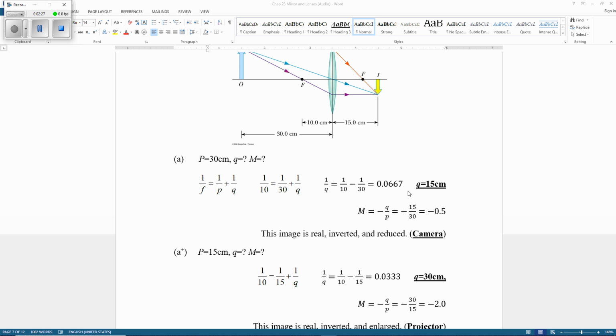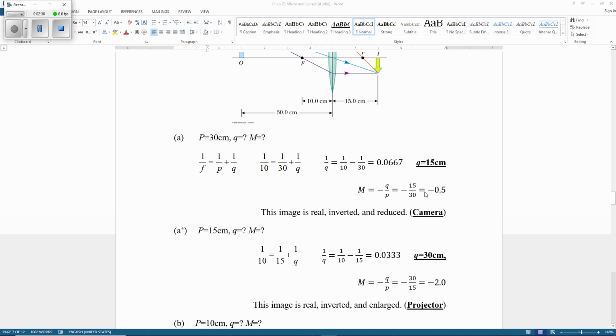Then we can solve. We discussed how we did that last time, remember? Okay, we find Q, the image distance, equals 15 centimeters. It's positive, so it's real. Now we calculate the magnification, equals negative Q over P, which gives you negative 0.5.